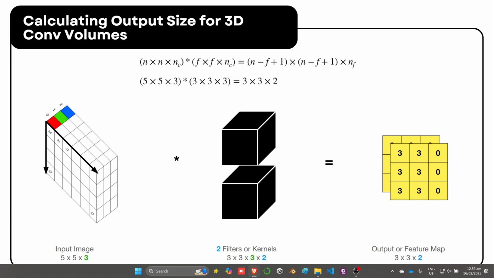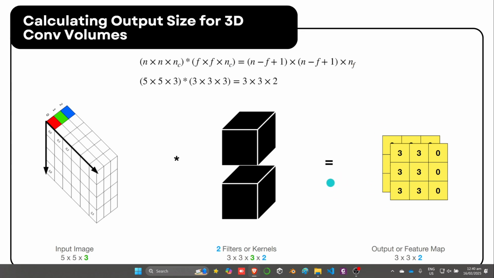Similarly, 3 here multiplied by nf, which is 2. And what is nf? It is the number of filters. So that's basically a mathematical way of showing how these sizes are mapped back to the output of the feature map.